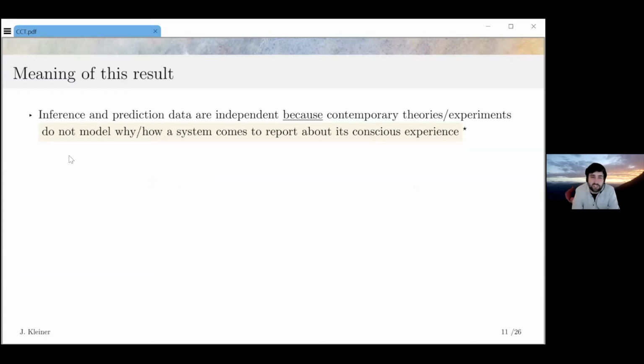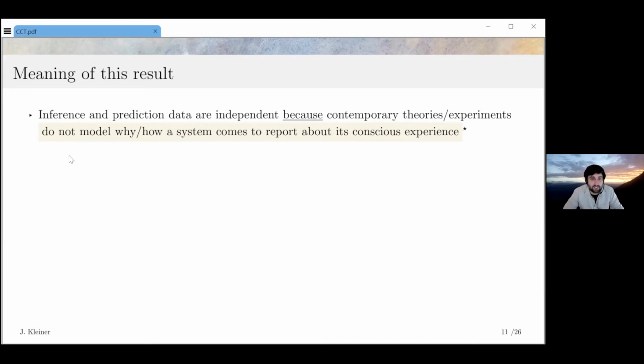why is this assumption that inference and prediction data are independent widespread, or why do we even do that? And well, the reason is that contemporary experiments, or you could also say contemporary theories, do not care about, they don't model why or how a system comes to report about its conscious experience. In the best of cases, they have a general thought in the background, or a general idea about how this could be the case. For example, in global neural workspace theory, you could say, well, if the stimulus signal is in the workspace, then it's available to report, so the system reports.